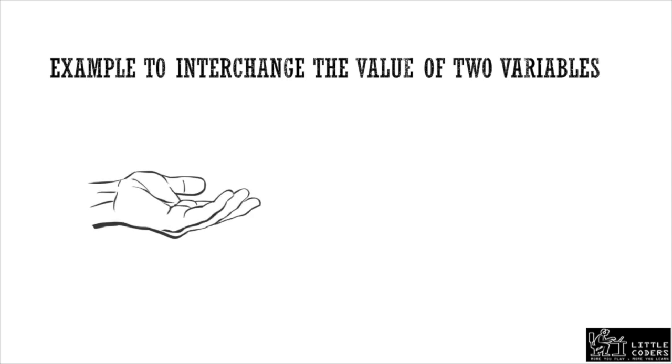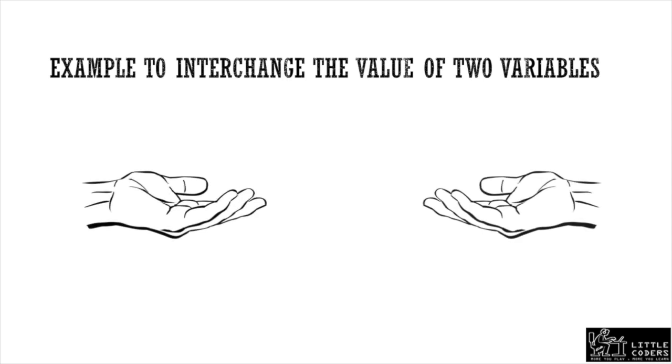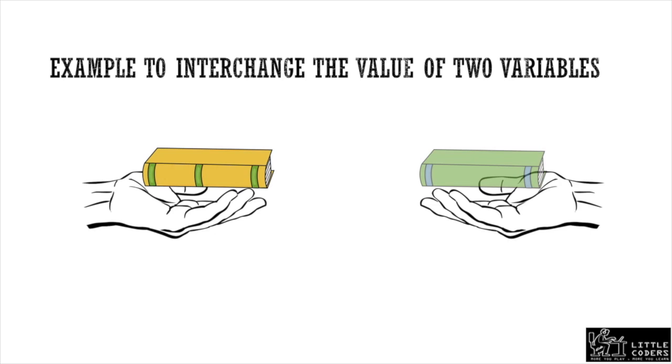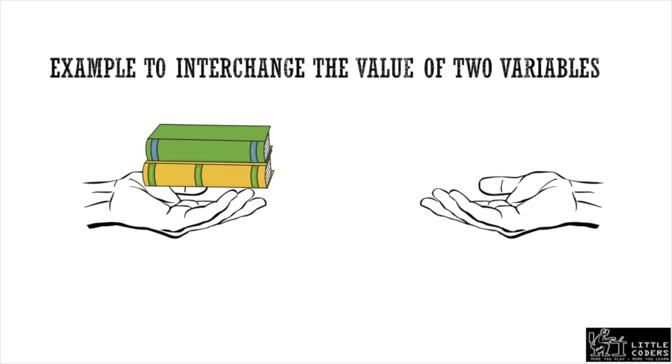Another algorithm is for when I don't want to put a book on the table. Then what do I have to do? I have to use only both hands and interchange the books which are in the hands. I can put the book from the right hand over the book in the left hand, so two books are in the left hand.